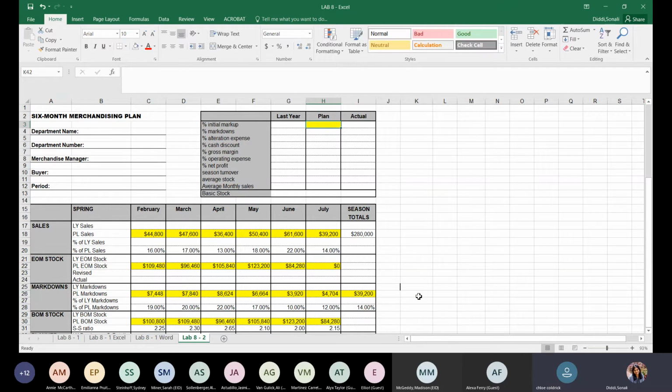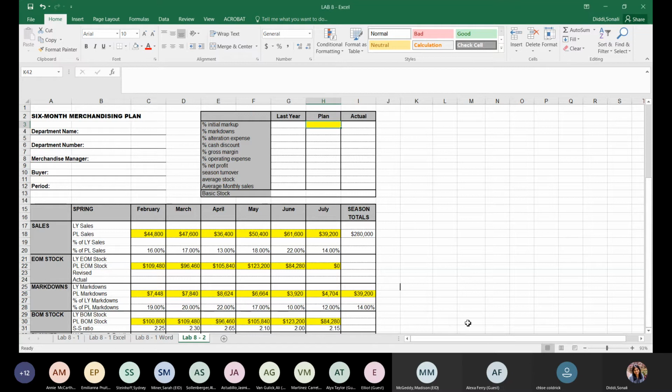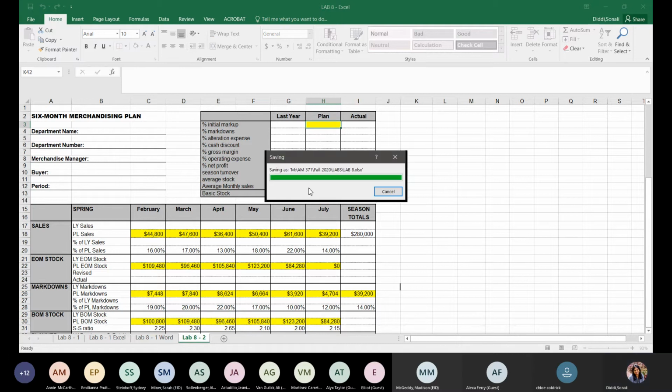My Excel is just hung, and I hope it's saved. Let me close this and open it again.